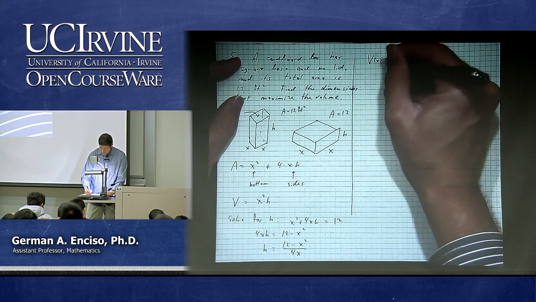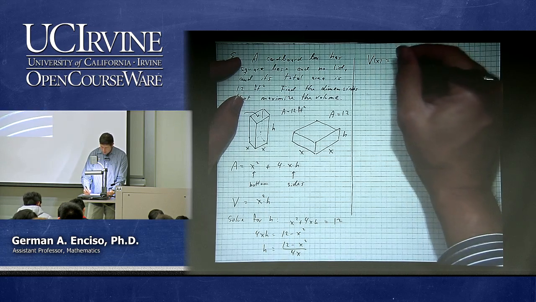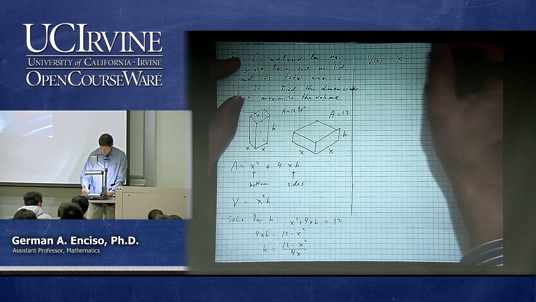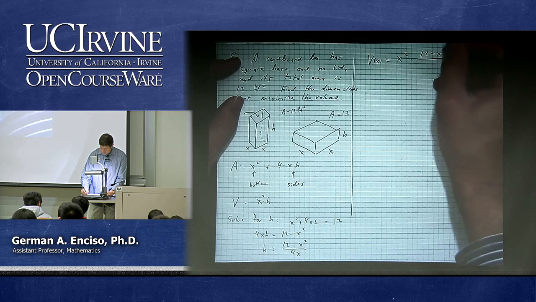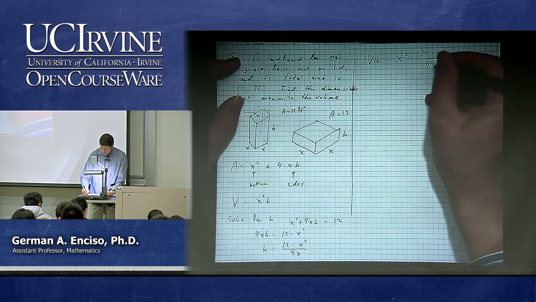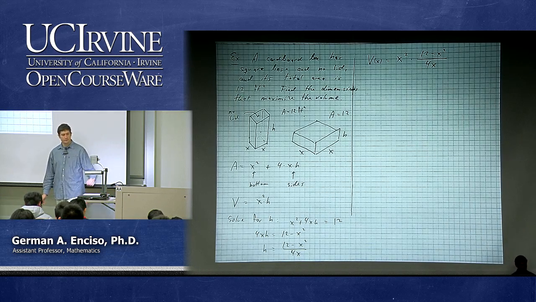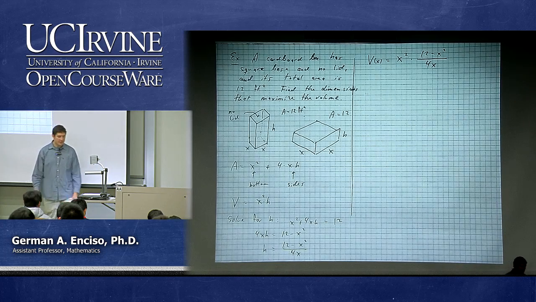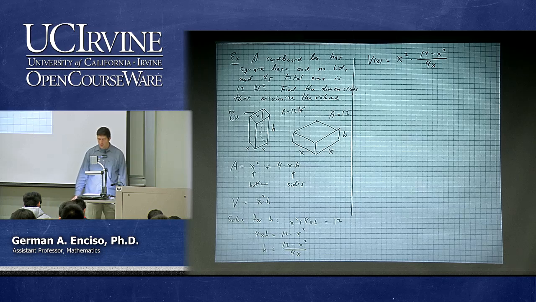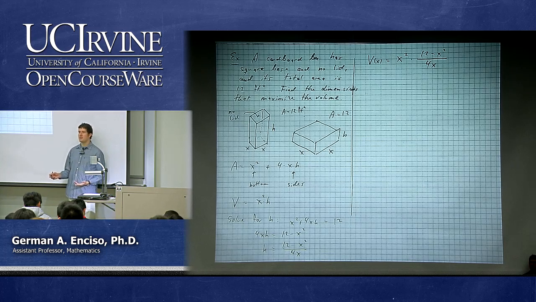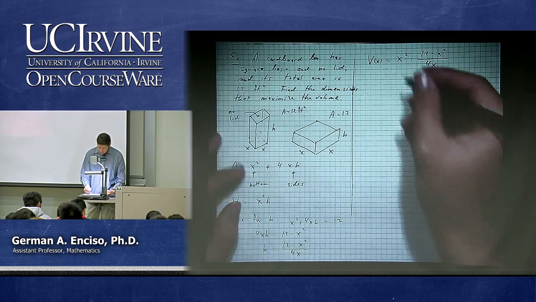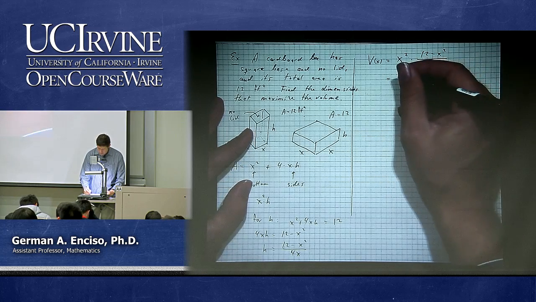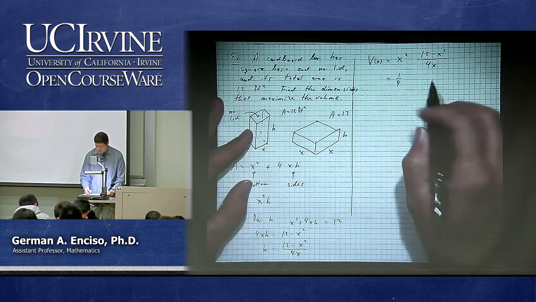Great. So now that we have h in terms of x, we can write the volume of the box as a function of x. It is x squared times (12 minus x squared) divided by 4x. Right? That was h. But now I write everything in terms of x. I'm going to simplify this a little bit just for kicks, because after all, I'm going to be differentiating very soon.